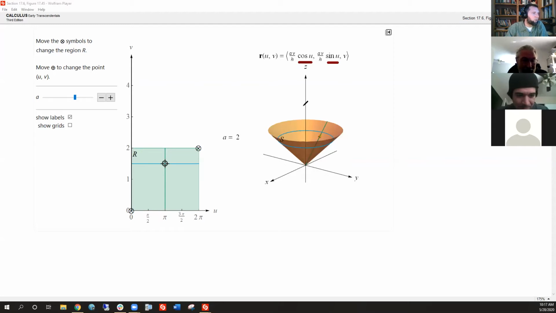But we no longer want to have a constant radius. We want the radius to vary, and so there's this term out front that's going to influence the size of these circles. And notice that there's a V parameter in that radius that's tied to the height.